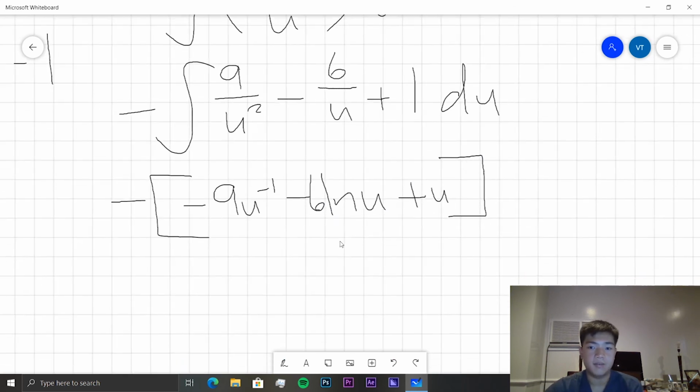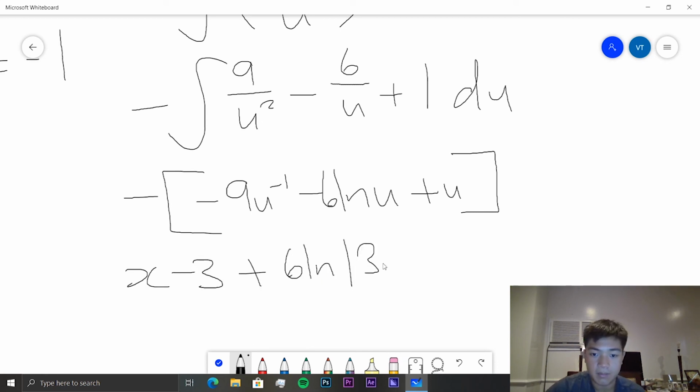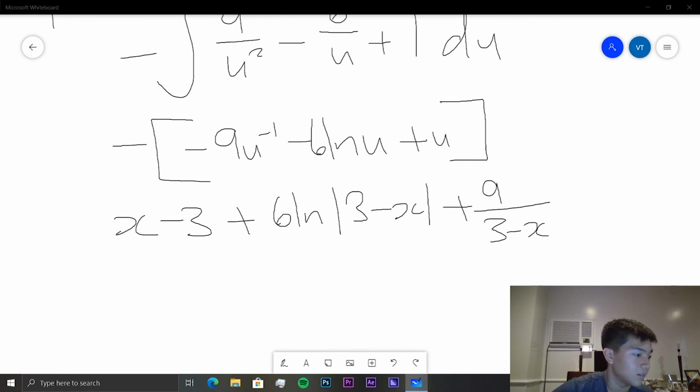So we have 3 minus x, plus, wait, let's take the negative, so x minus 3 plus 6 ln (3 minus x) plus 9 over (3 minus x). Is that it? Yeah. Oh, it's just that. Okay, cool.